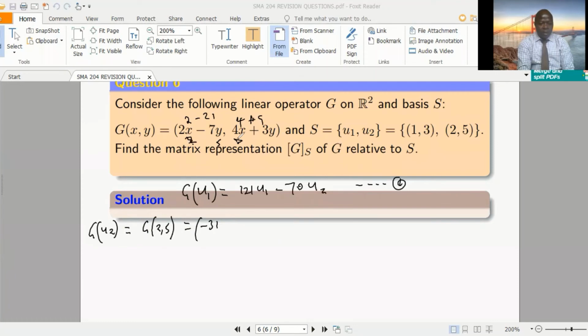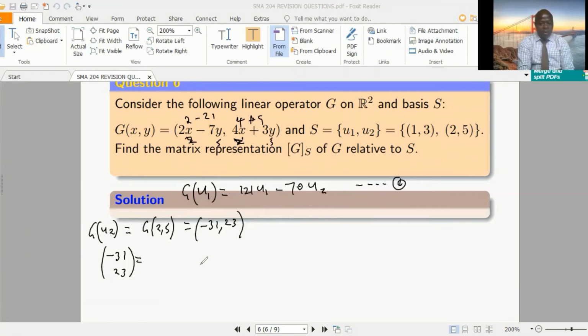And what about here? Put 2 where there is X here and 5 here. This will be 8 plus 15, which is 23. Now write this as a linear combination of U1 and U2.